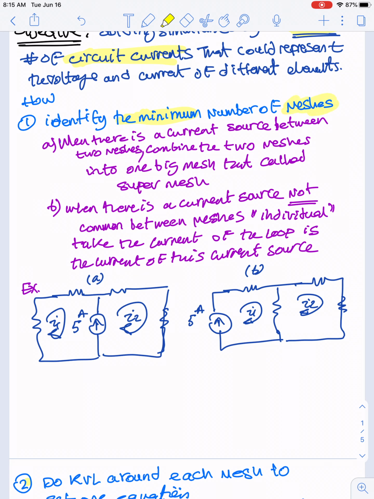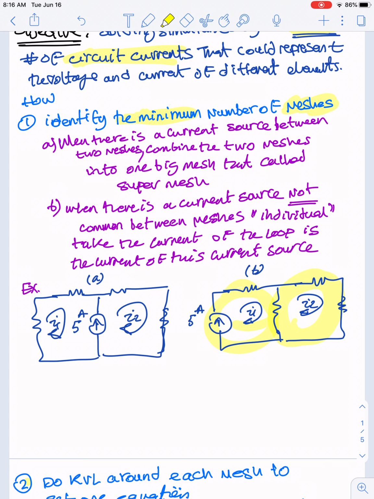In nodal analysis, we were interested in finding the minimum number of nodes, not meshes. Here we are interested in finding the minimum number of meshes, and what we mean by a mesh is a loop. So we call this a mesh or a loop.